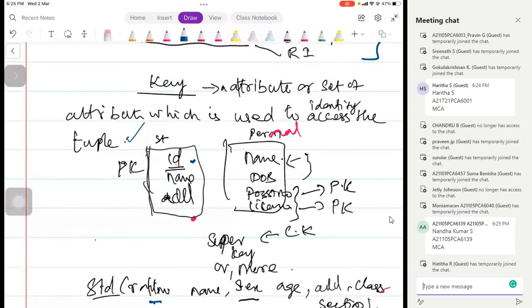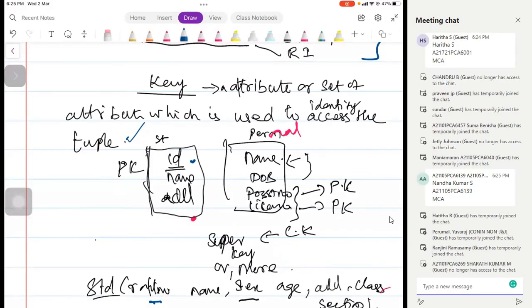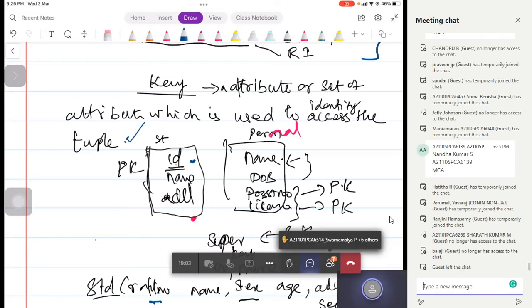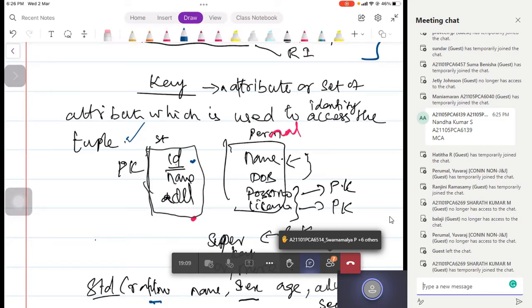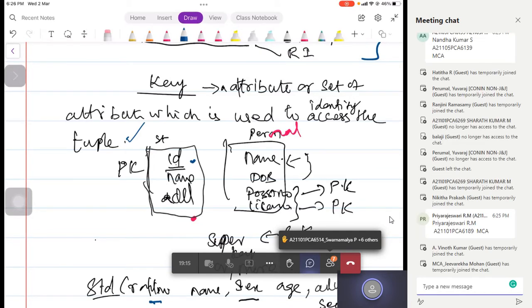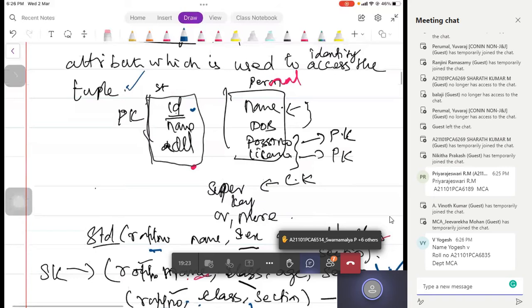So we have to mention the younger one or elder one, or the cousin, whatever it may be. So many things, by giving age, height, weight. More than one specification apart from the name, you give as an identity. That's why we say a key is an attribute or a set of attributes which is used to identify and access the tuple.